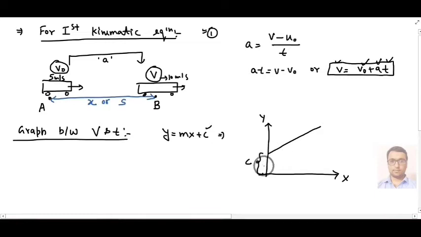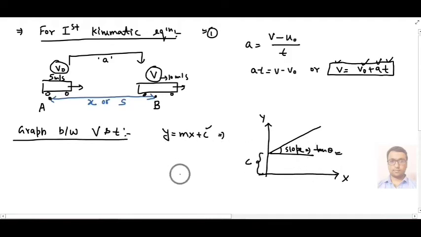I already told you all these things in my first lecture of basic maths. This angle is called the slope, meaning the measurement of this angle in terms of tan theta is called the slope.